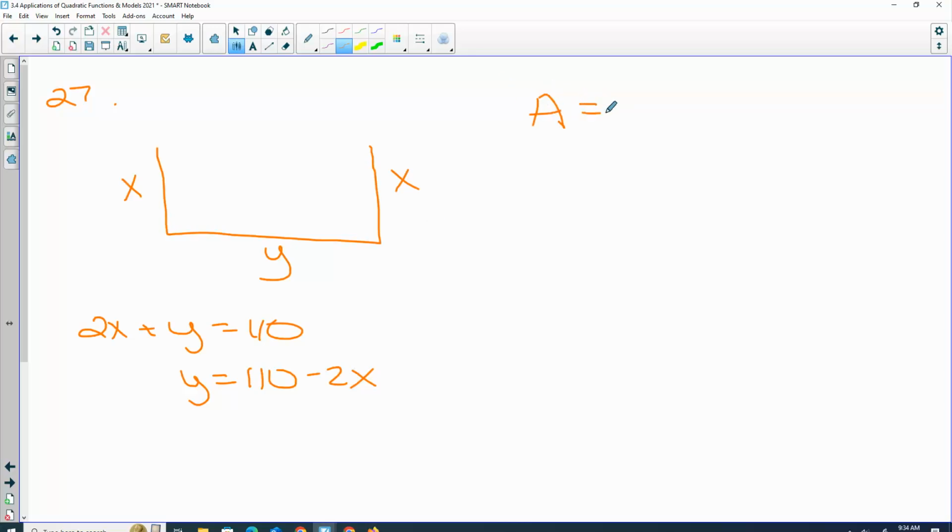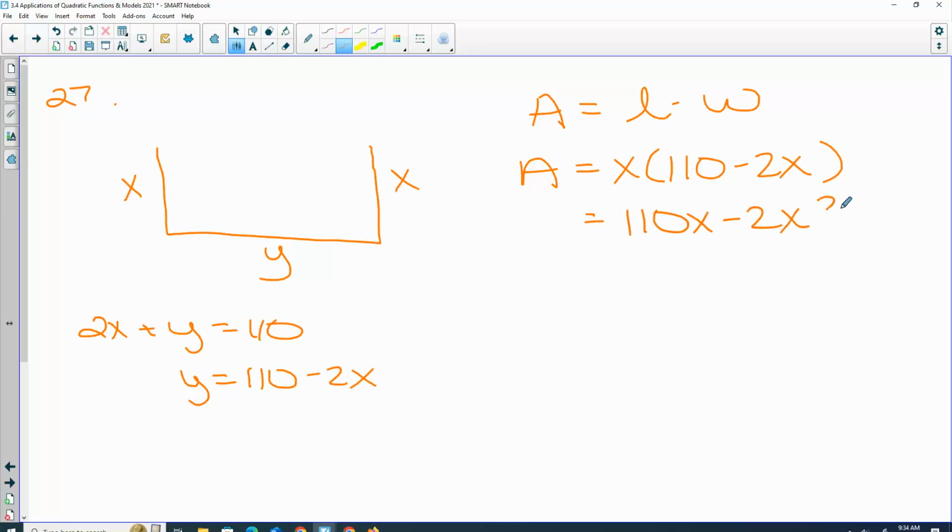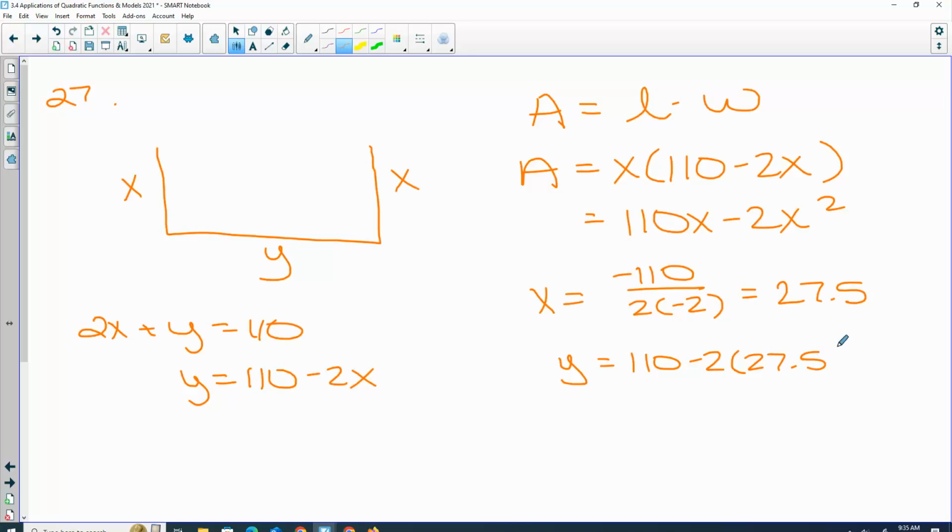If I want area, how do you find area of a rectangle? Okay, so that's x times the 110 minus 2x. Or if you distribute, 110x minus 2x squared. Anytime I ask for maximum or minimum, what am I asking you to find? Vertex, opposite of b over 2 times a. So 110 divided by 4, so 27.5. I asked for the dimensions, so now I know x, how do I get y? y is 110 minus 2 times 27.5, and that's 55.